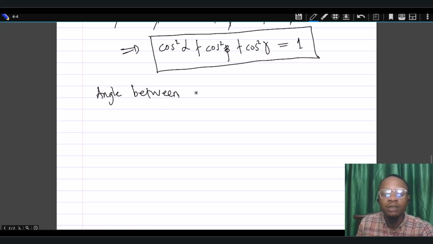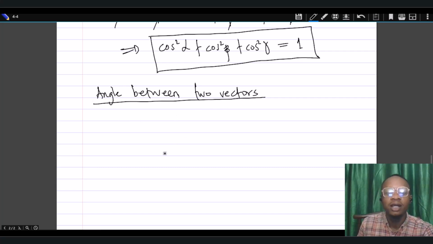So the angle between two vectors: let's say these are spatial vectors, vectors in space, so they are not necessarily confined to this plane, even though we draw them in this plane. Let's say we have some vector P and some other vector Q, and we are interested in the angle theta between these two vectors.